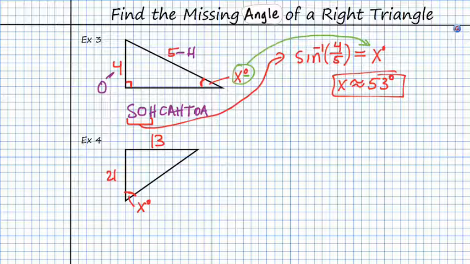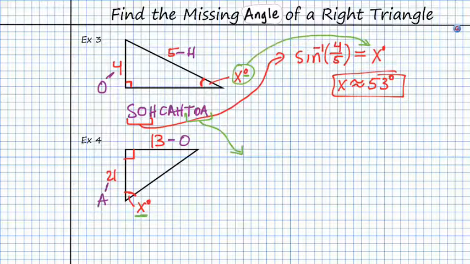So we're looking at our next example, and again, we know that we're looking for some angle here, right? So I want to now identify which of my three inverse trigonometric functions I want to use to find that angle. So 13 is the opposite side, 21 is the adjacent side, so I have opposite and adjacent. Well, that looks like I'm going to end up using the tangent here.